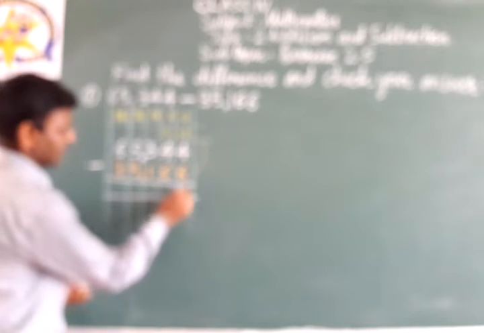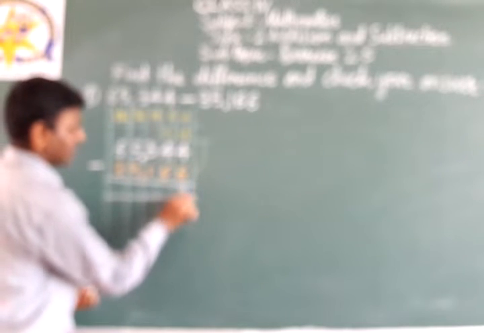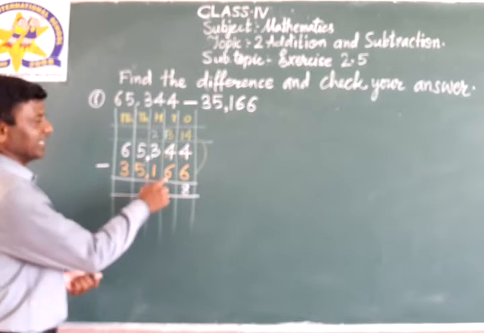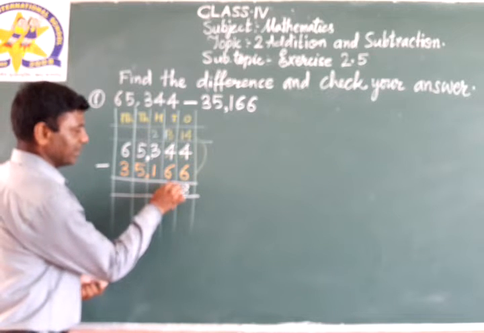Yes. 14 minus 6, 8. Then 3 minus 6 possible? No. So we need to borrow from the neighbor. 3 becomes 2. This 3 becomes 13. Now is 13 minus 6 possible? Yes. 13 minus 6, 7.